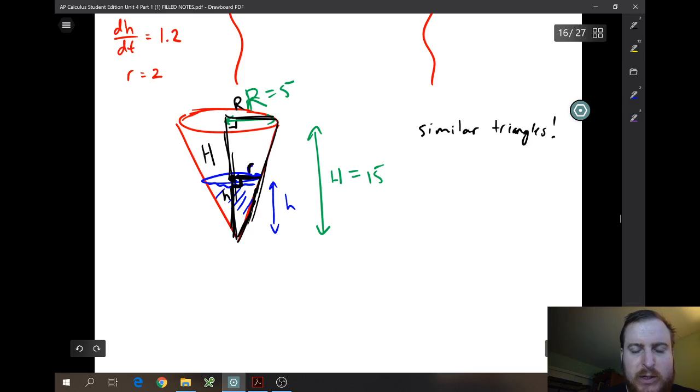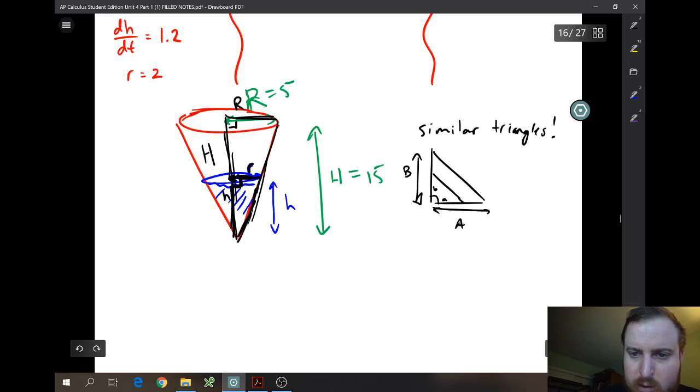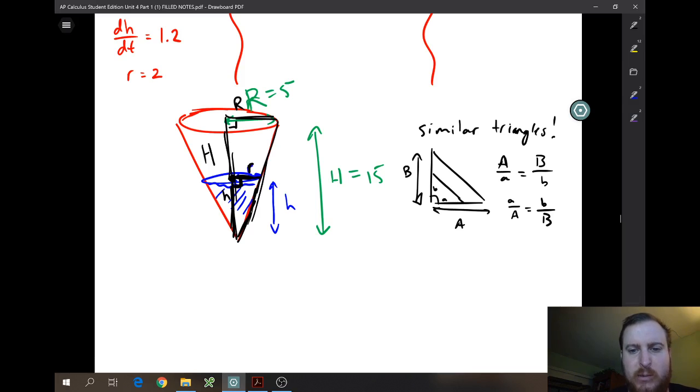So if I knew that these two triangles were similar, and we had little a, little b, and the overall was big A and big B, the review is that you can say big A over little a equals big B over little b, right? Or you could say little a over big A equals little b over big B. That's the same thing. So that's our property about similar triangles.